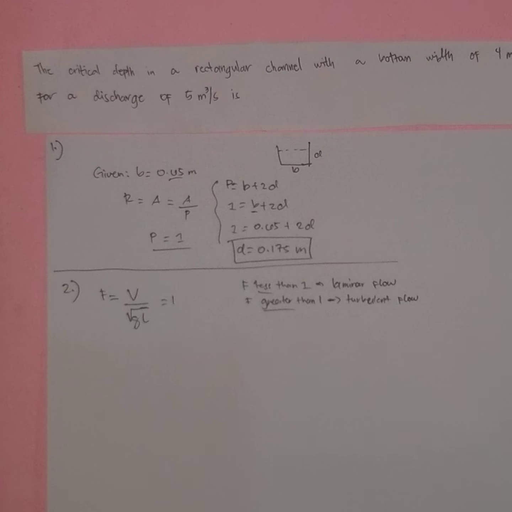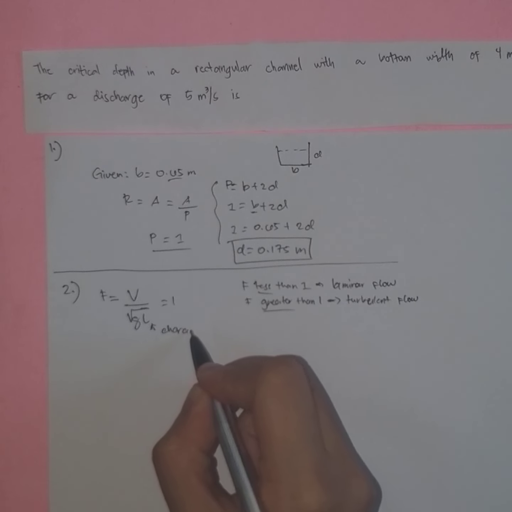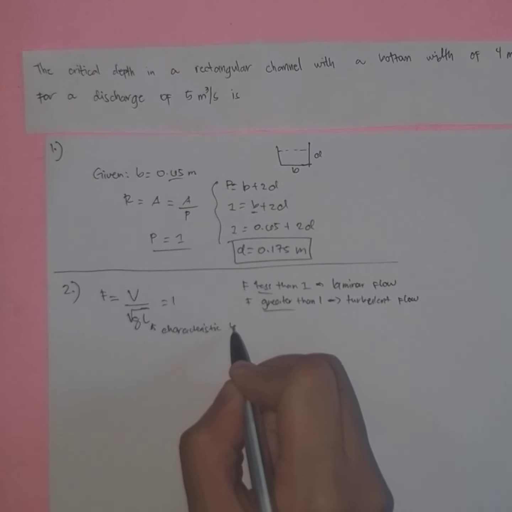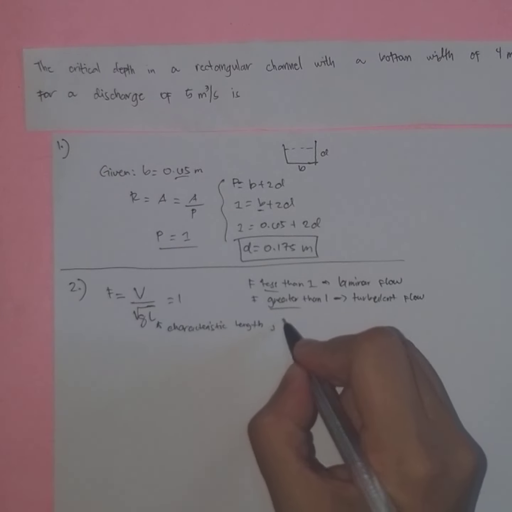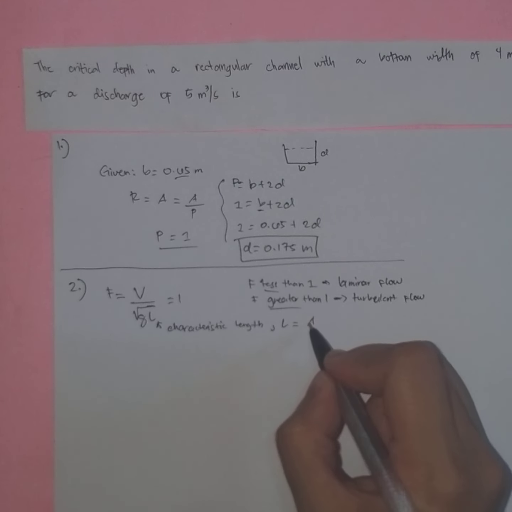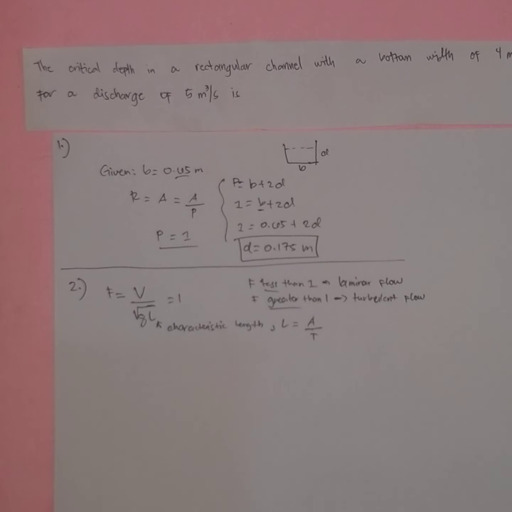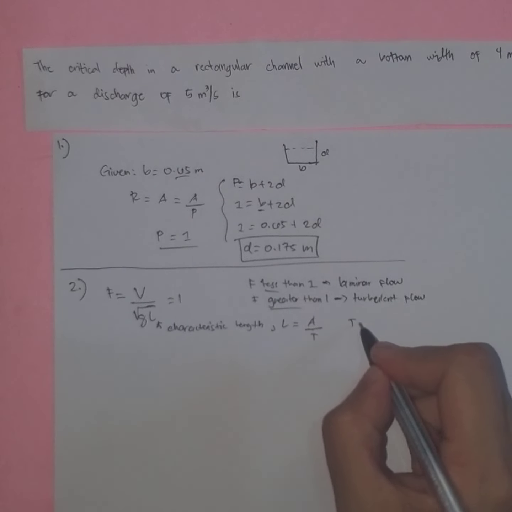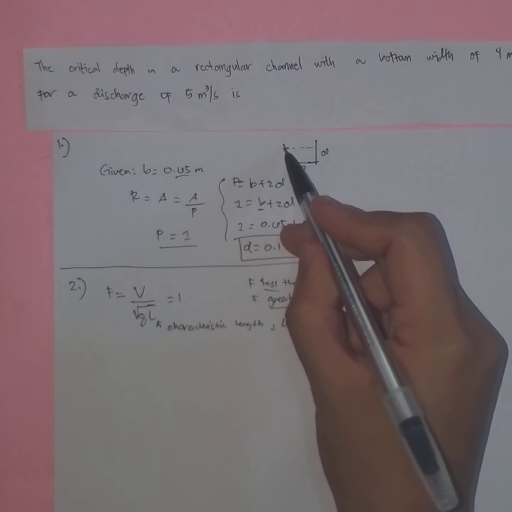Okay, so remember, for open channels, this variable L is our characteristic length. For open channel flow, L is just area over the top width. But for rectangular canals, the top width is just equal to the base or the bottom width, right?